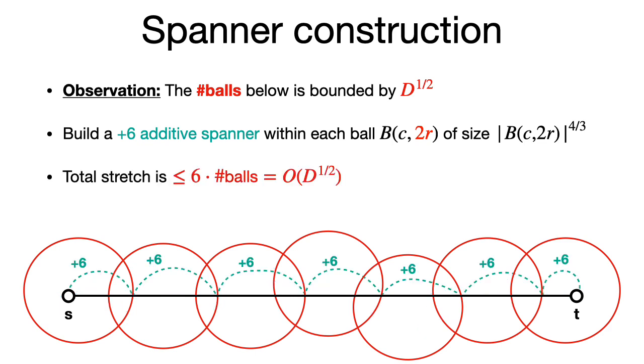About the total stretch, we can take this dotted blue path, which accumulates an additive error of 6 within each shell. Therefore, the total error is at most 6 times the number of balls, which is order of root d.